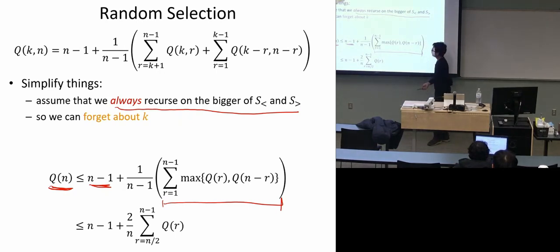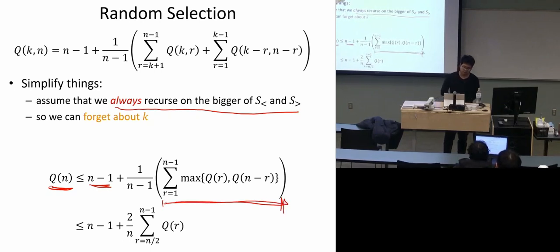These are all the cases where r goes from 1 up to n minus 1. And then you just take the larger one out of this.